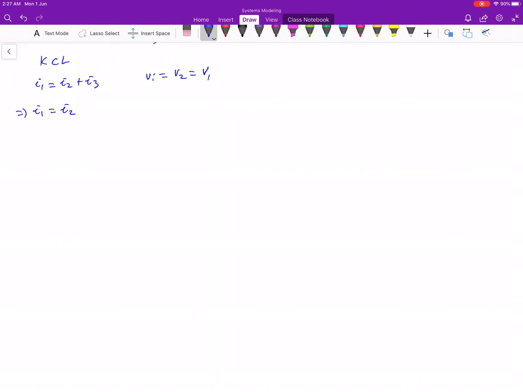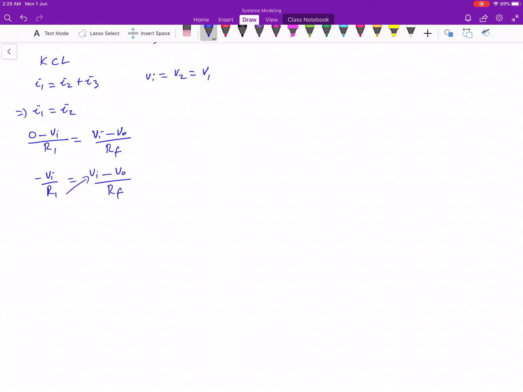Hence, we can say I1 is 0 minus Vi over R1. And we know our I2 is equal to Vi minus V0 over Rf. If we simplify this, this is minus Vi over R1, which is equal to Vi minus V0 over Rf.